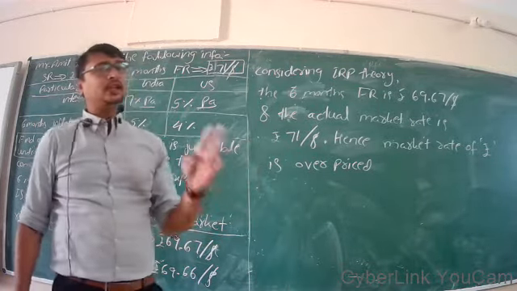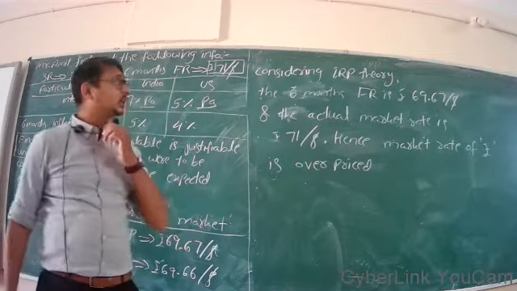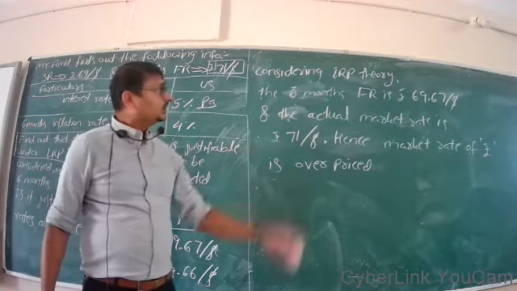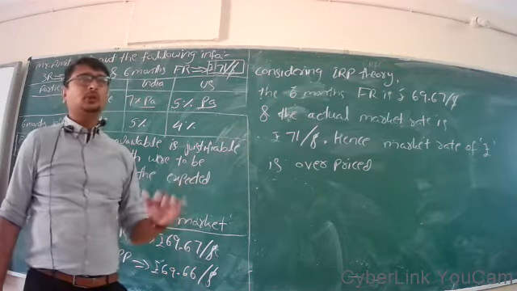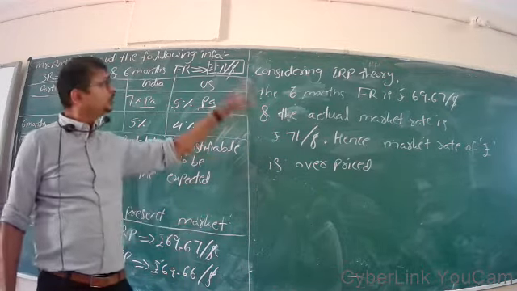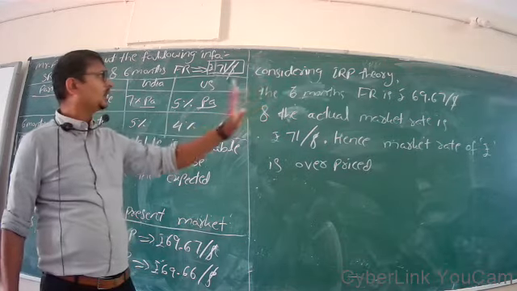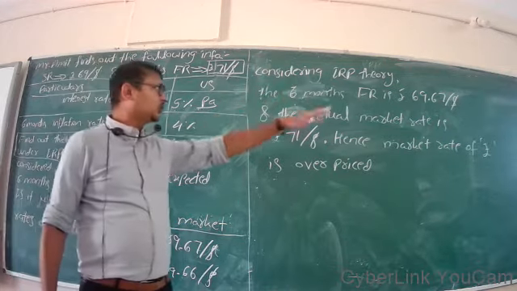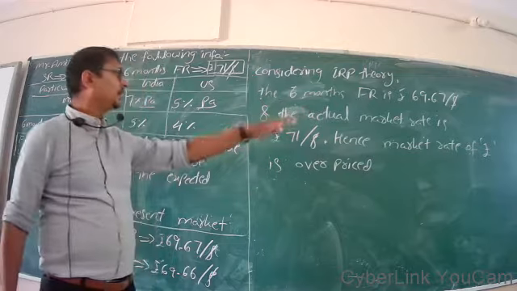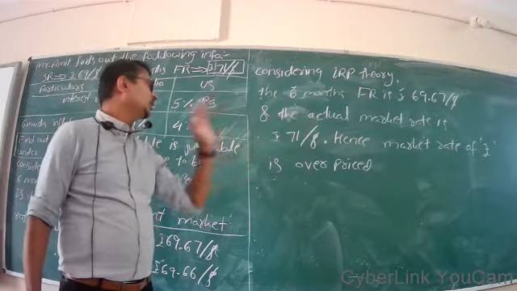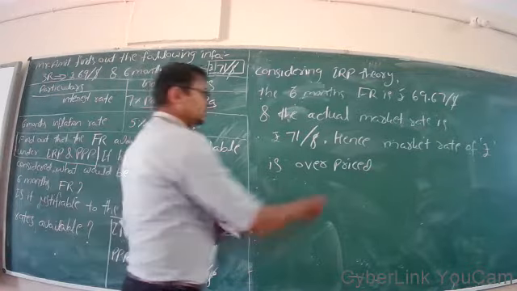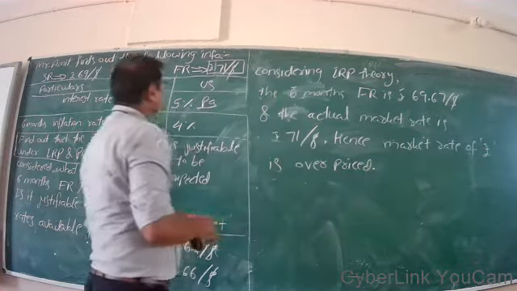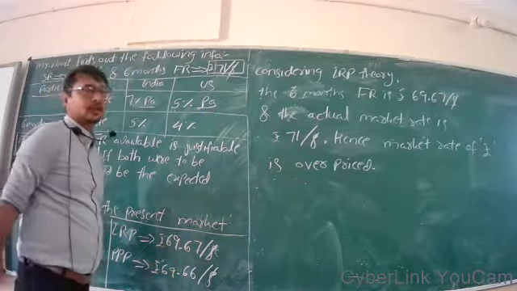So we have calculated forward rate under IRP theory. We got the answer is rupees 69.67 per dollar, but the actual market rate is rupees 71 per dollar. So it is not matching the IRP theory. The 6 months forward rate is so and so, and the actual market rate is so. Hence, market rate for rupee is overpriced. So it cannot be justifiable because these two are different.